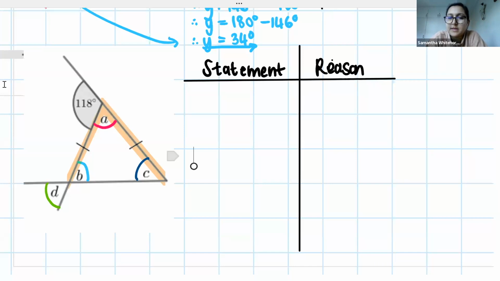Think about those reasons and think about which of them apply to the angles you have in this diagram that you are needing to find.